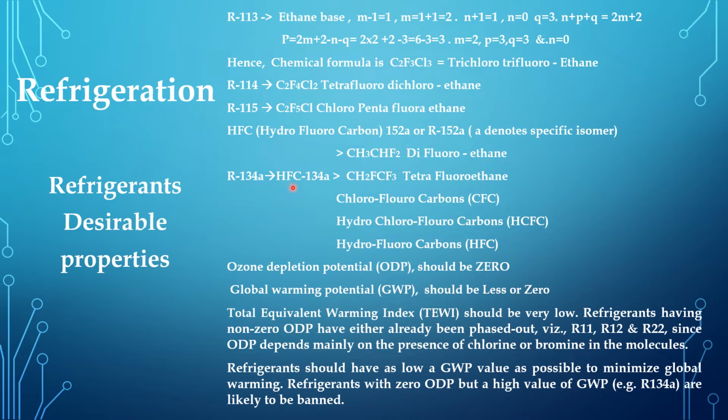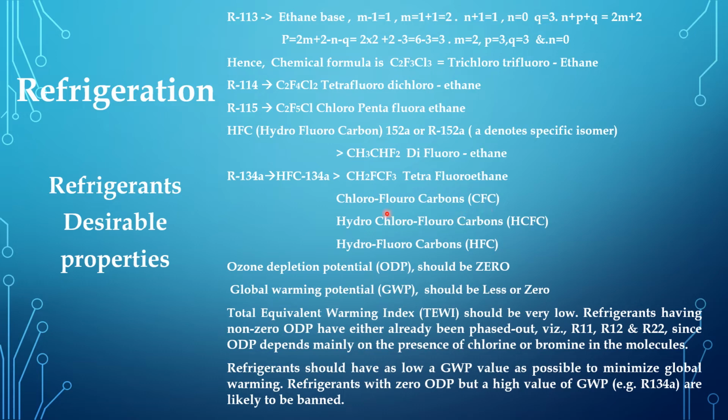R134 is still used in industries and domestic applications also. It is also HFC, hydrofluorocarbon, no chlorine present. The a is for a specific isomer. CH2FCF3, tetrafluoroethane, so no chlorine is present. This is still in use, but it may be banned soon.